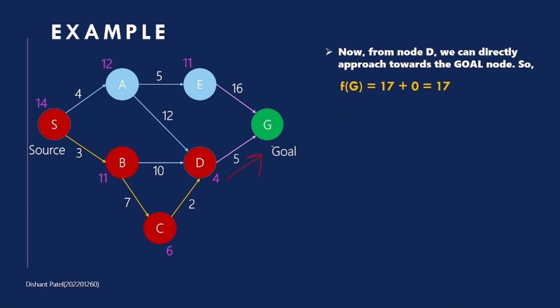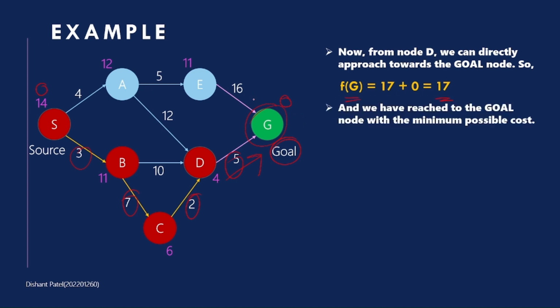So the value of the goal node f of G will become 17 as 3 plus 7 plus 2 plus 5. And the heuristic value of this goal node is obviously 0. So f of G will become 17. Okay, and we have reached the goal node with the minimum possible cost.